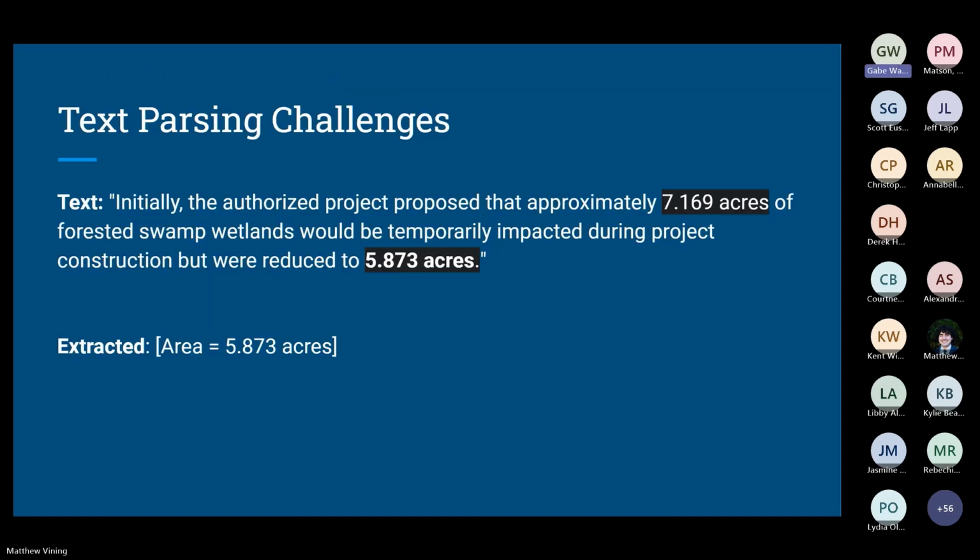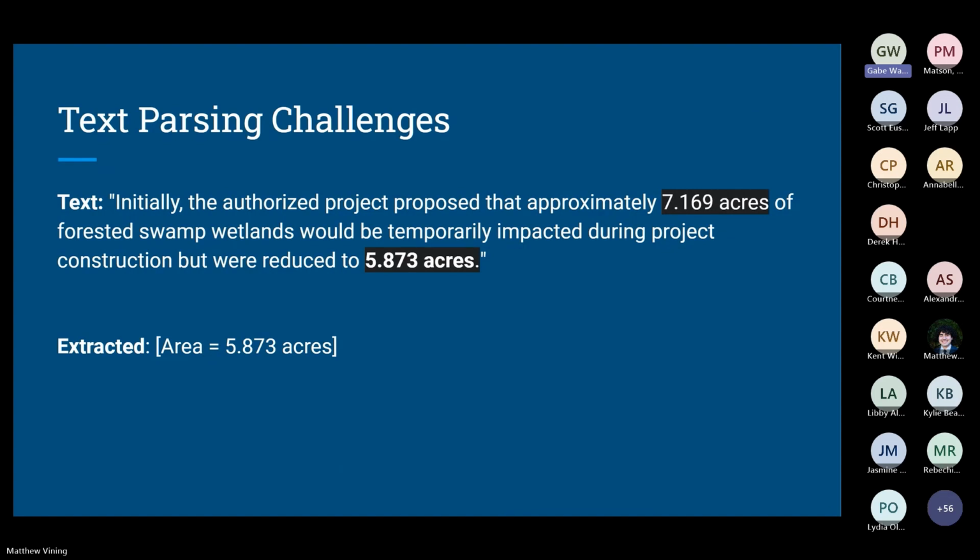So here's a good example of the challenge in taking this text and converting it into numerical or quantitative information. A sample of one of the notices: initially, the authorized project proposed that approximately 7.169 acres of forested swamp wetlands would be temporarily impacted during project construction, but were reduced to 5.873 acres.